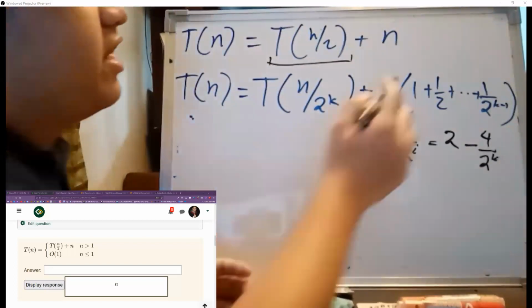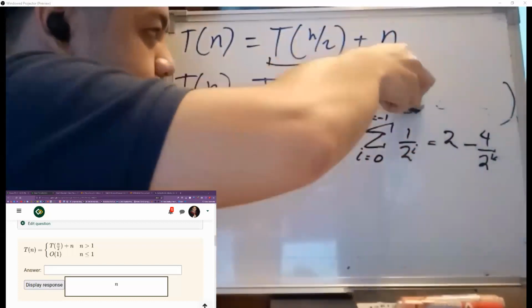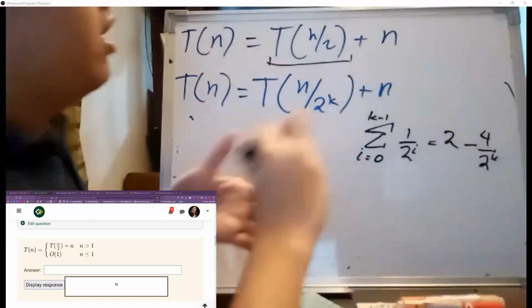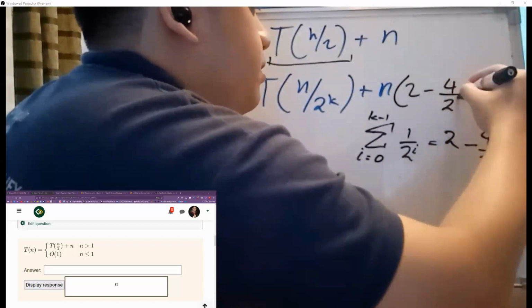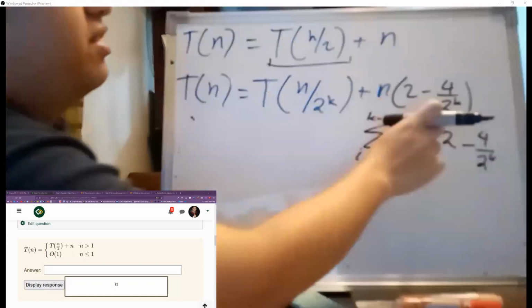So, paano pwede natin i-rewrite to? Yung nasa loob as just n times 2 minus 4 over 2 to the k. Para kasi madali lang kasi may 2 to the k tayo dito. So, 2 to the k natin.